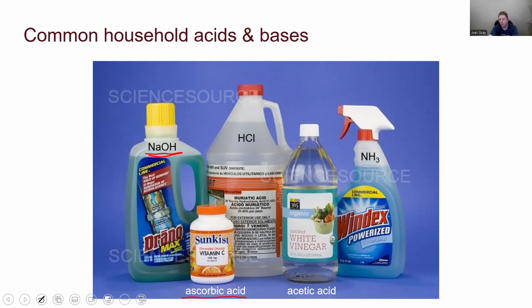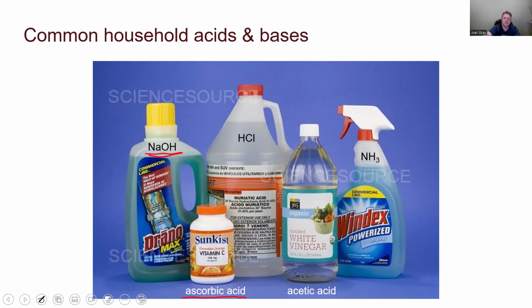If you have a pool, or if you've ever worked near a pool or know someone with a pool, chances are you've had to add an acid to adjust the pH so that it's safe for you to get into. In the event that you've been to a pool where the pH has not been adjusted, then you might see an algae bloom, or you might jump in and get out and be like, oh, it's really slippery.